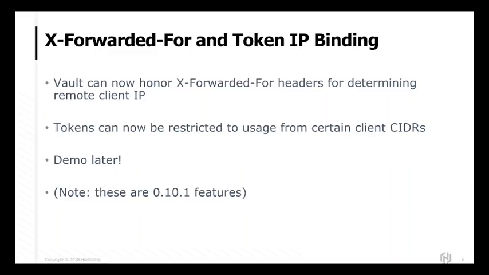We now have support for X-Forwarded-For headers for determining remote client IP. And on top of that, we've added the ability to restrict tokens so that they can only be used from specific hosts or CIDRs. And I'm going to demo that as well. These are both 0.10.1 features, by the way. The token CIDR restriction right now is relegated to token roles that come via the token auth method. Support can be added to other methods over time.